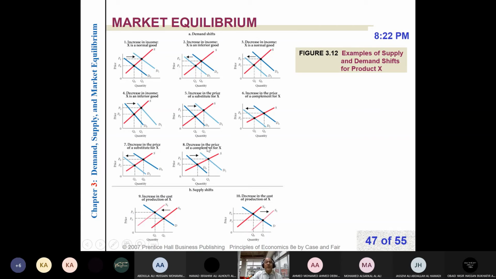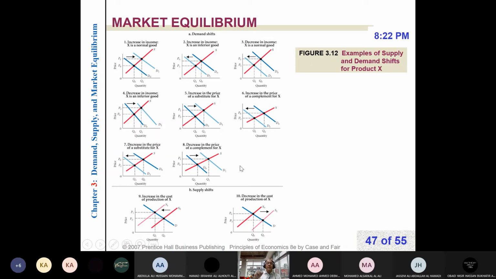The price of sugar decreases. What will happen to demand for tea? If the price of sugar decreases, are you going to purchase more or less tea? More. So demand for tea will increase, and the demand curve will shift to the right.